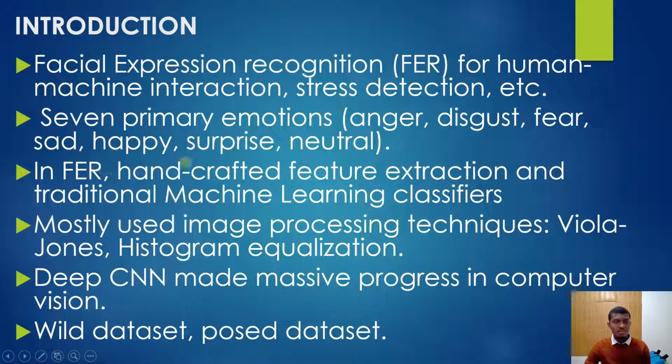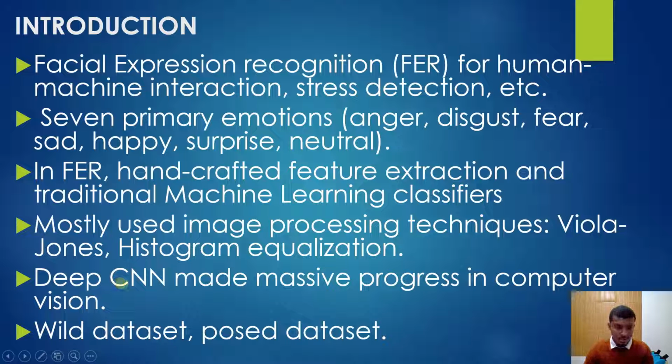In FER, most of the methodology used in the early research was handcrafted feature extraction, and then they tried to classify those features using machine learning classifiers. The mostly used image preprocessing techniques are Viola-Jones, an algorithm to find the face in an image, and also histogram equalization, an image preprocessing technique.